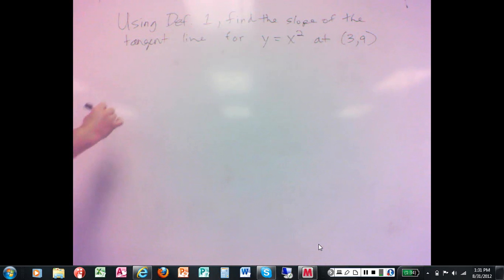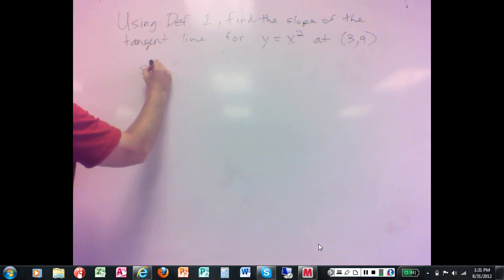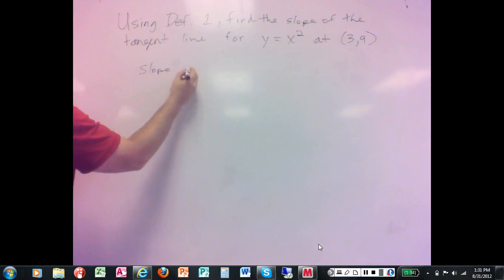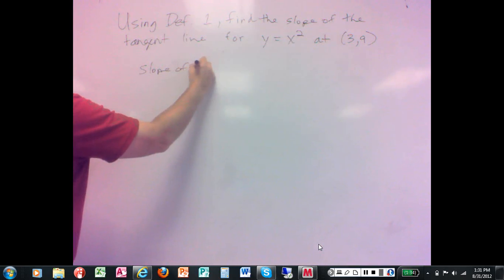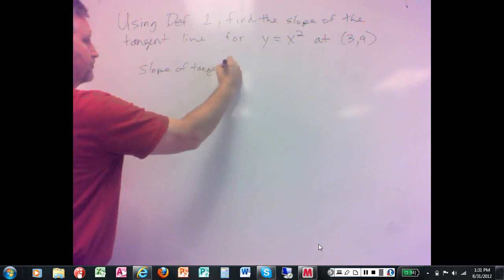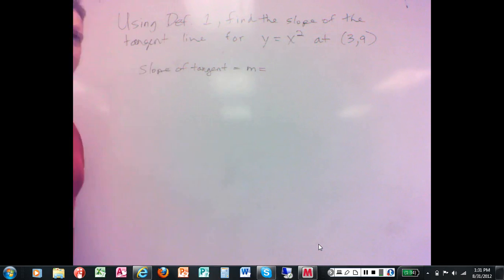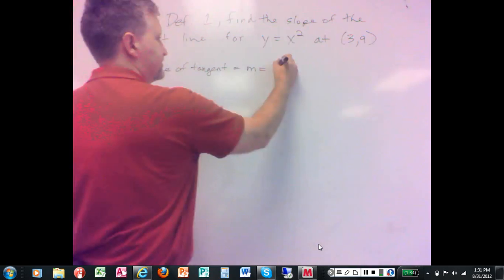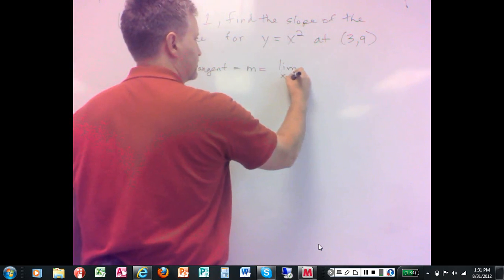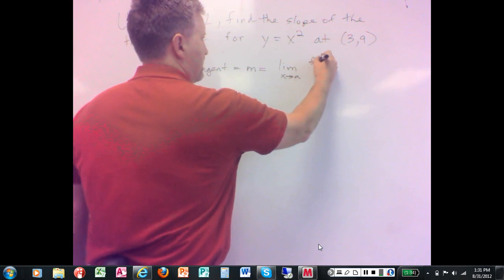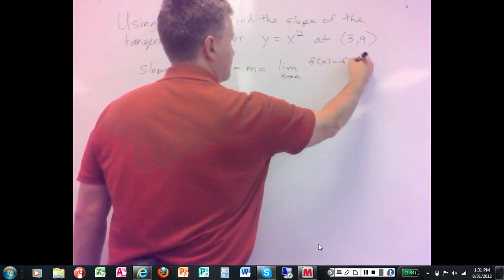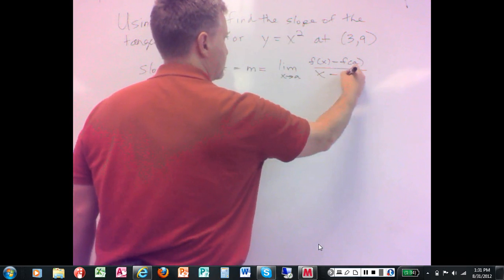Definition 1 again says that the slope of the tangent line, m, equals the limit as x approaches a of f of x minus f of a over x minus a.